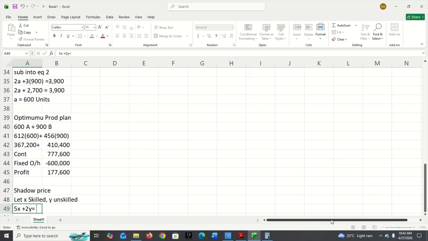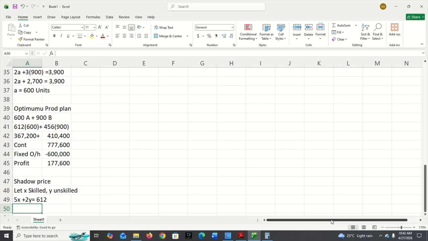Our contribution for A is 612, and for B is 456. The next one is 2x plus 3y equals 456, which is the other one.